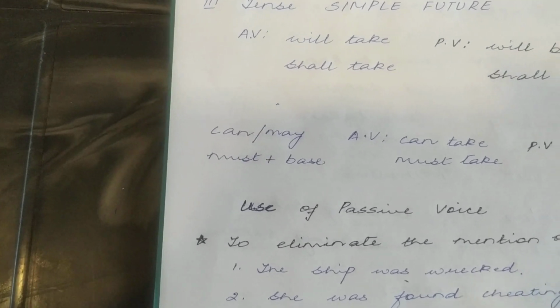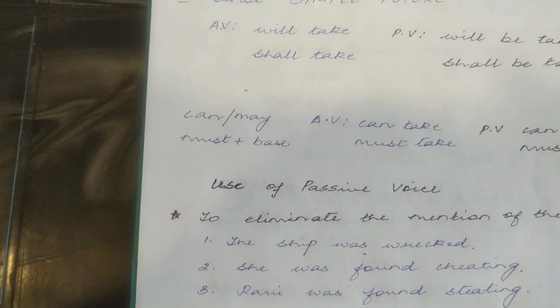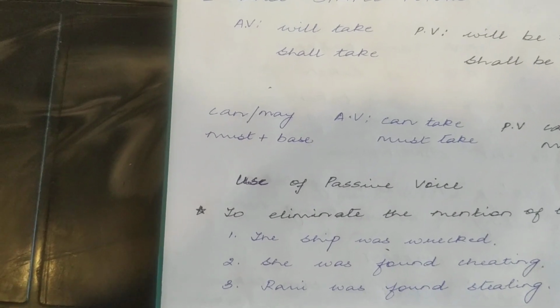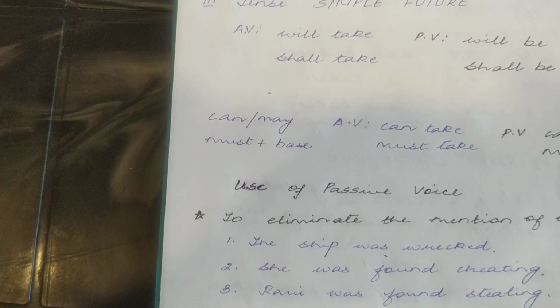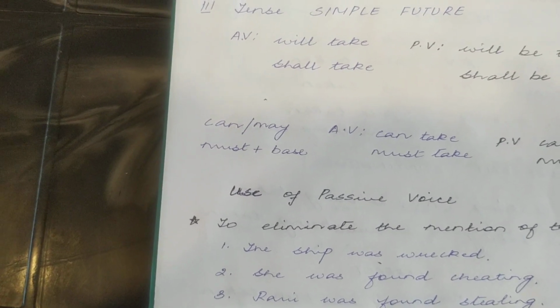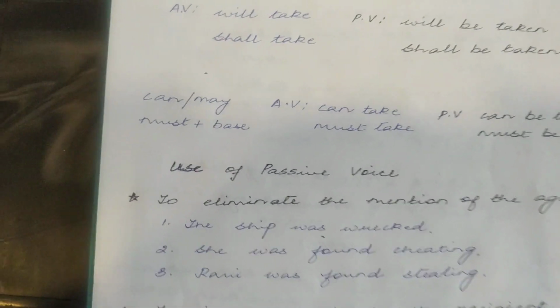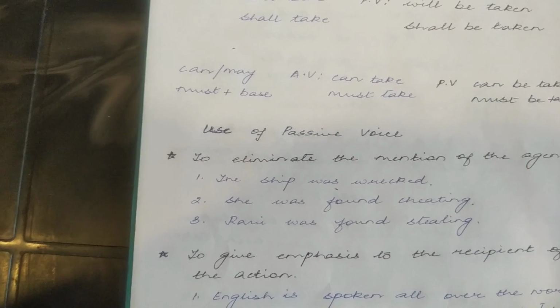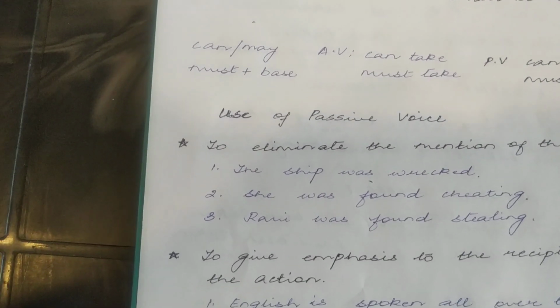There are a few others which we use: can, may, must plus the base verb, whatever the verb we are talking about. That shifts to can take, which shifts to can be taken, and must take is must be taken. There are a few rules which we follow while we are using passive voice.